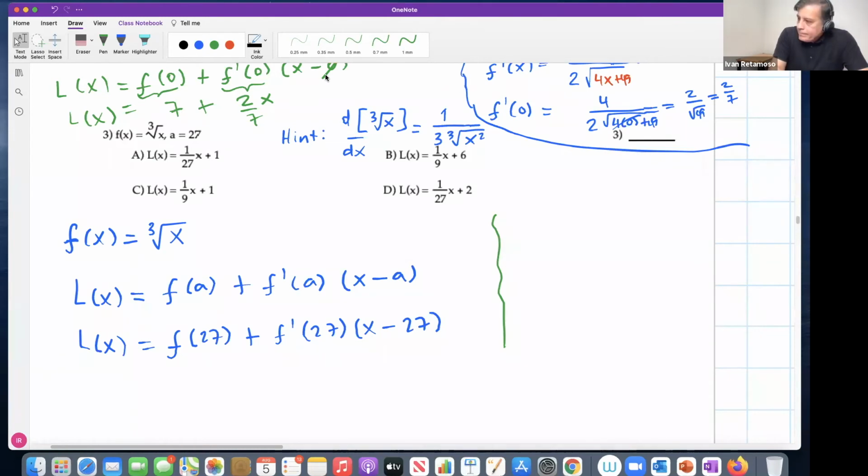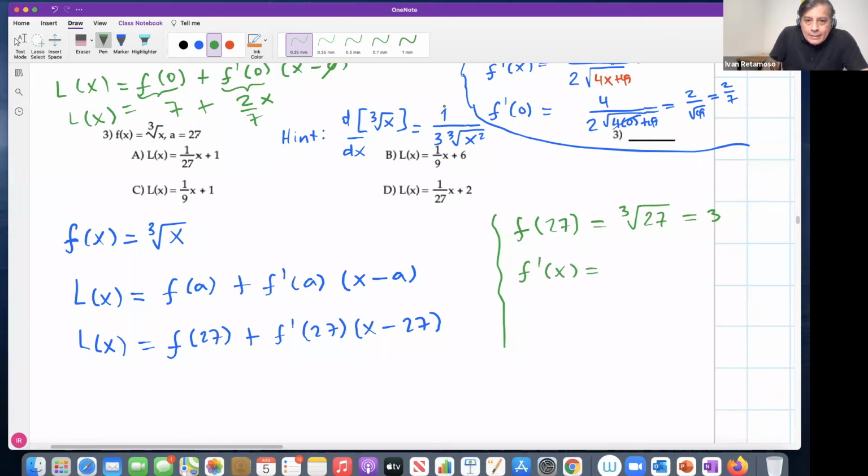Yeah, let's do it together, right? Excellent. So the function evaluated at 27, not a problem because it's just cube root of 27, and this is just the number 3. If you don't remember that, use the calculator, it will give you 3. Now, the derivative of the function, is what?